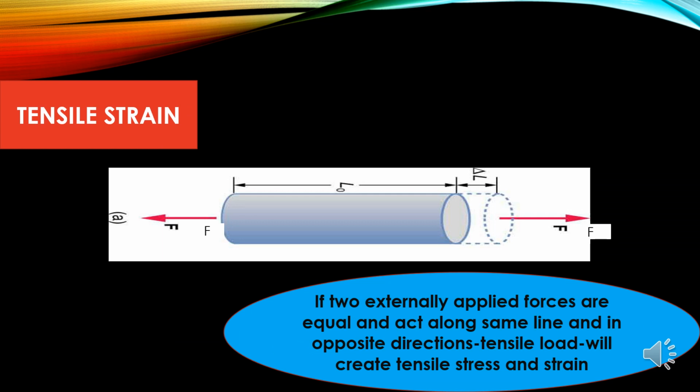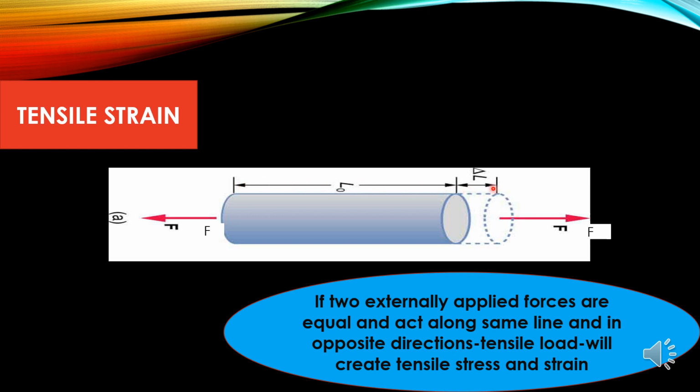So now let's understand different types of strain which are happening inside the body. One is tensile strain. So what is that? If two externally applied forces, as you can see in the diagram, are equal and act along the same line and they are in opposite direction, then they will create some tensile stress inside and that will lead to the elongation in the structure.